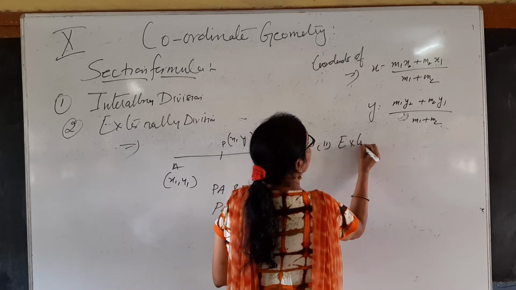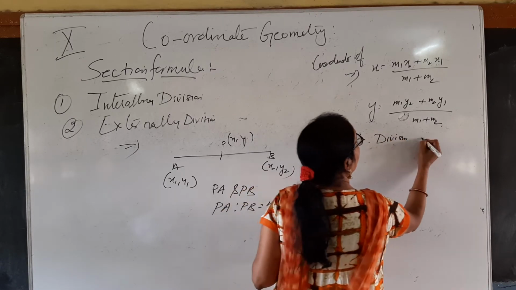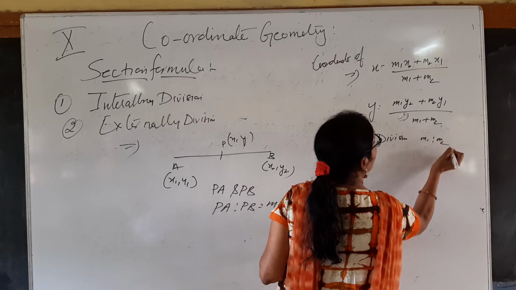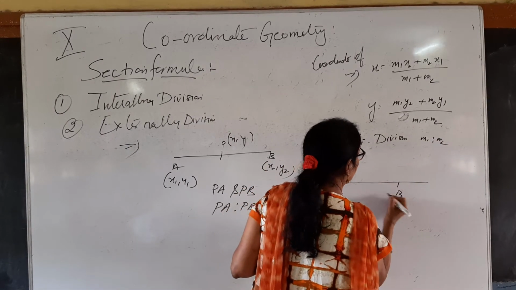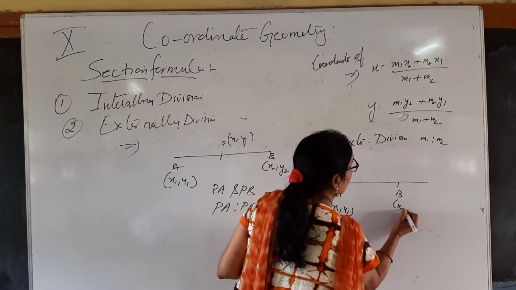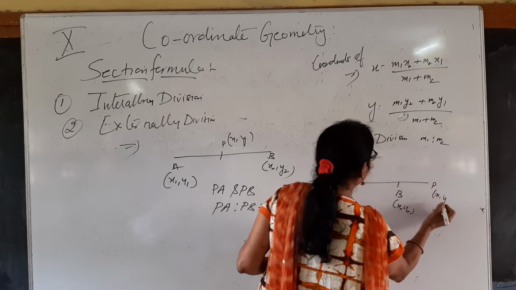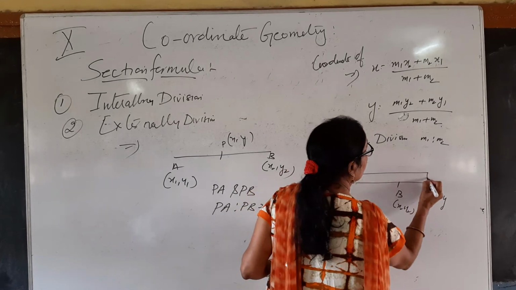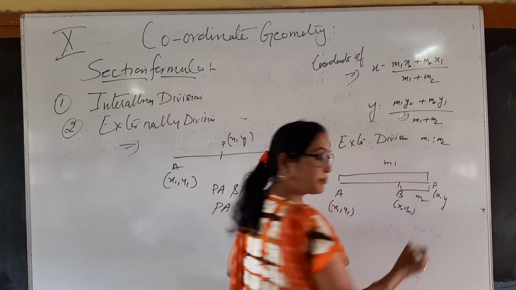Next is external division in the ratio of m1 is to m2. Suppose AB is a line whose coordinates are x1, y1 and x2, y2. P is any point we divide externally, meaning the ratio from A to P is m1 and from B to P is m2.